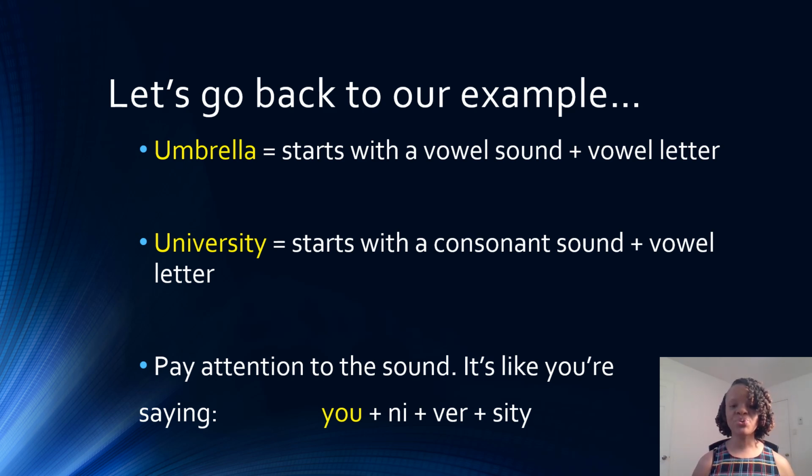But university starts with a consonant sound and a vowel letter. So it actually sounds like you're saying yuniversity, yuniversity, right? And because of that, we will say a university.